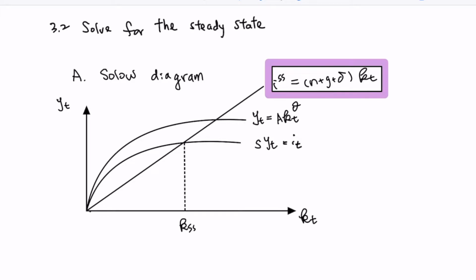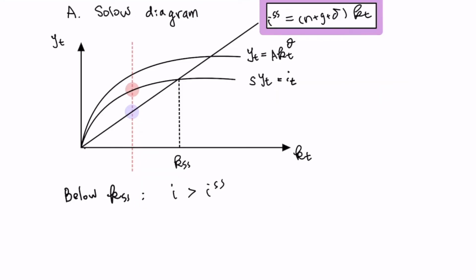To come up with the steady state, we know that if we are below the steady state, then we are going to have the actual investment greater than the investment required to stay at this level of the capital stock. Therefore, the economy will have K that increases over time until it hits the steady state.